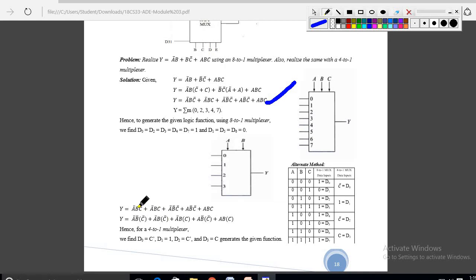Here the first term is A bar B bar, and C bar you have to make independent. So A bar B and C bar, make it independent. Whatever D0 left-out term is there, that is C bar. Whatever D1's left-out term is, it is 1. Like that, whatever the left-out term is, you have to write the same thing to the data inputs, directly connected to that particular data input. In this way you have to write.